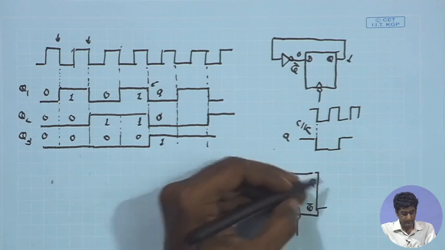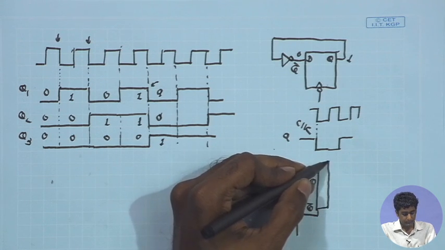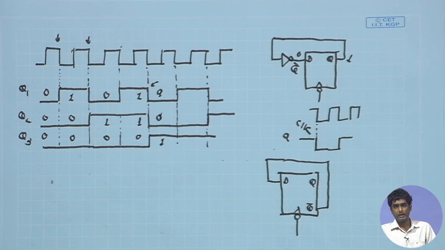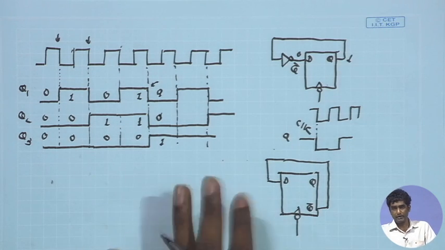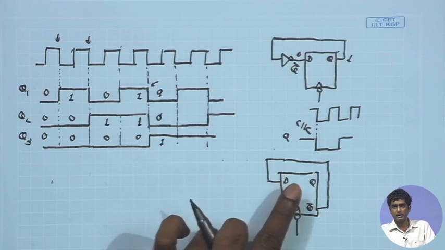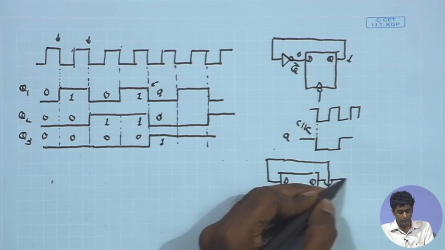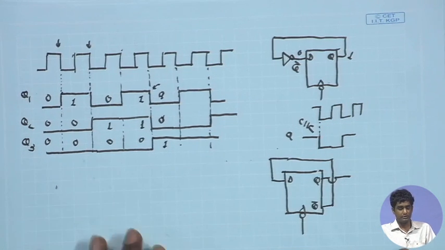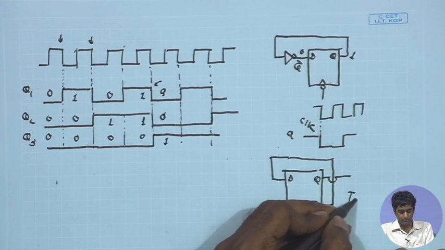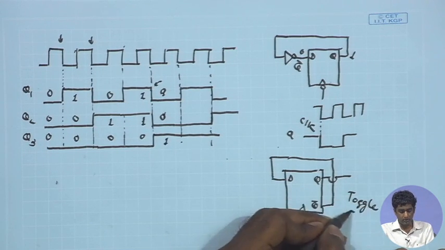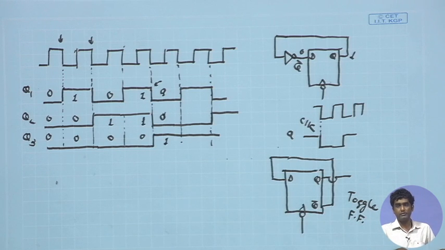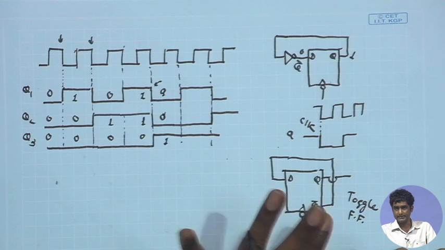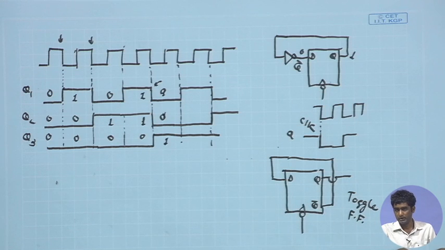I can simply connect the Q bar to the D input, and this is going to make sure that at every negative edge of the clock, the flip flop output Q is going to flip its state from 0 to 1, 1 to 0 and so on. So, this can be called a toggle flip flop, because at every negative edge of the clock it is going to toggle its state from 1 to 0, 0 to 1 and so on.